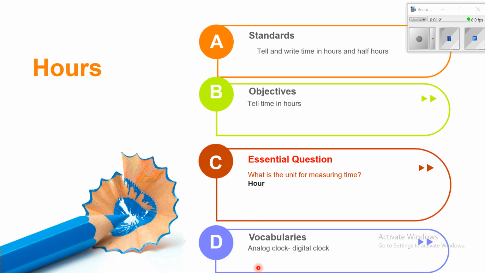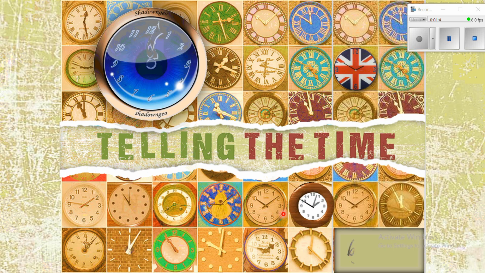Two important vocabulary words, which you will see more and more in the pages: analog clock and digital clock. We will see the pictures for analog clock and digital clock during the lesson. Look at how many different watches we have here.